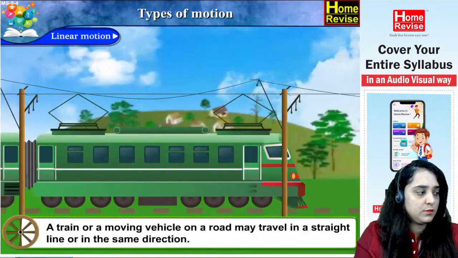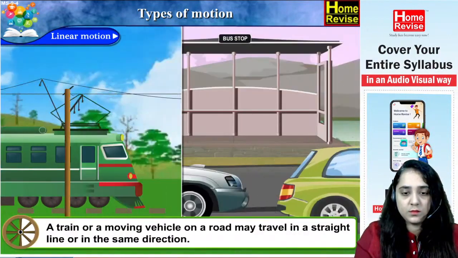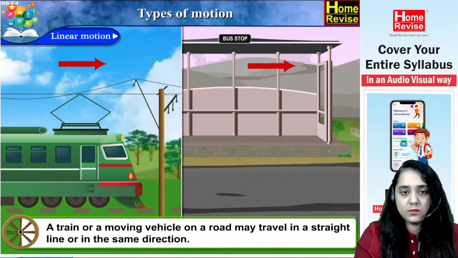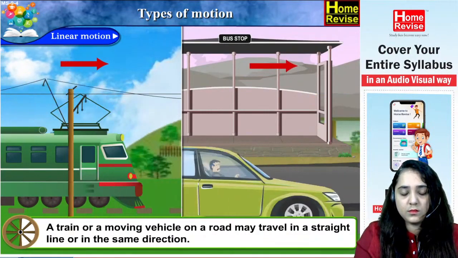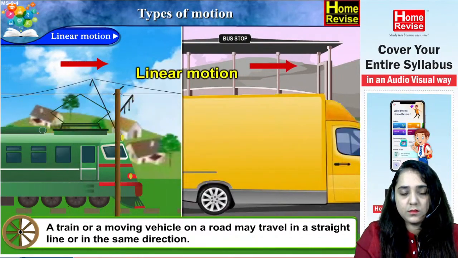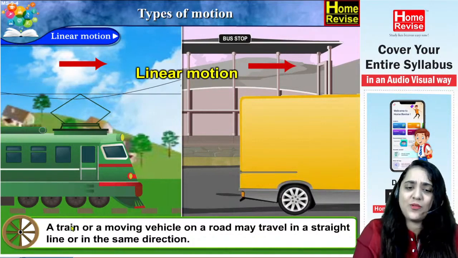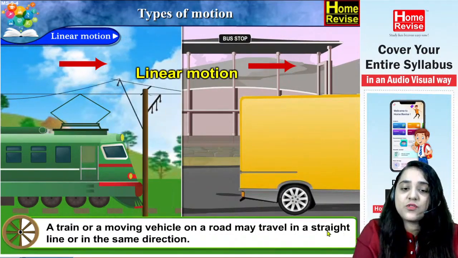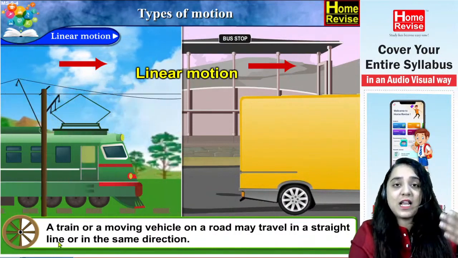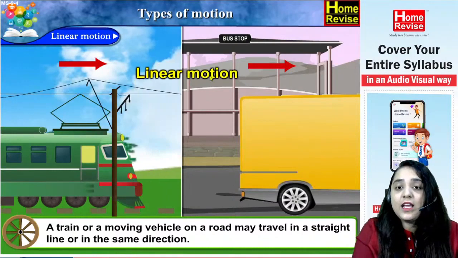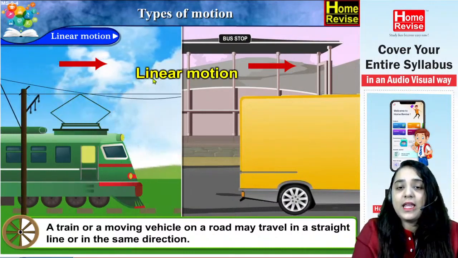Students, a train or a moving vehicle on a road may travel in a straight line or in the same direction. This motion of an object is called linear motion. When a train or any vehicle on the road is traveling in a straight line, as I am telling you again and again, linear motion, L-I-N-E, line.